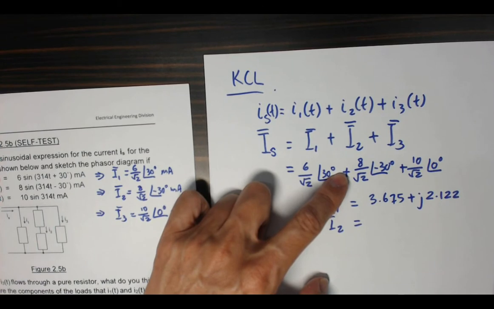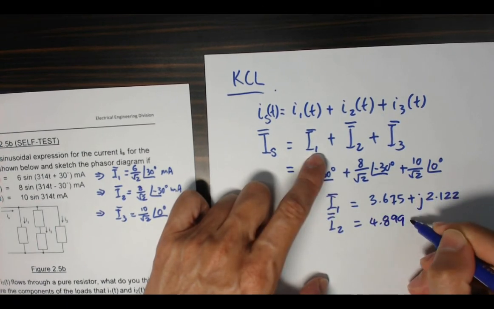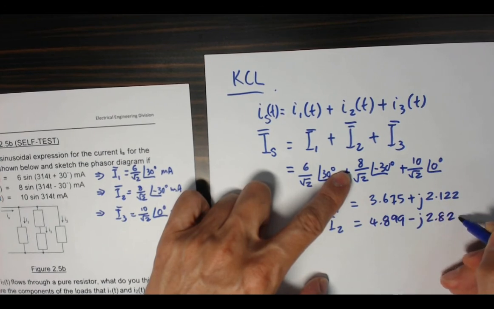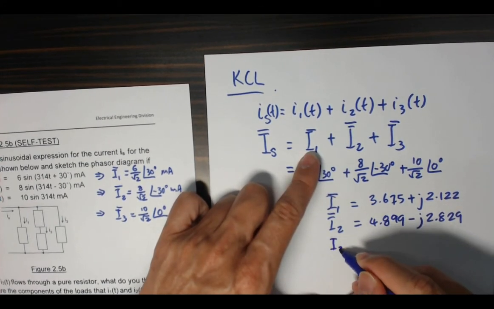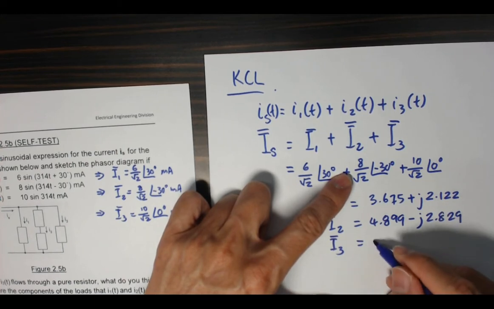That will give me 4.899 minus j 2.829, and finally I3 is 10 divided by root 2, which is 7.071.